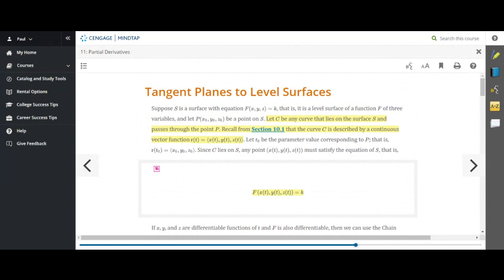So if the vector function traces out points on the surface along that curve C, the coordinates x, y, and z are functions of t. And so we can think of the function of x, y, and z equal to k, with those coordinates x, y, and z as functions of t.